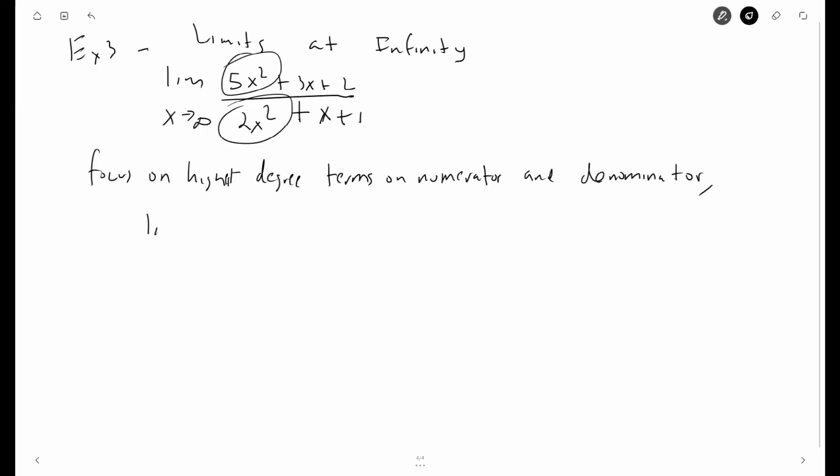So the limit as x approaches infinity of 5x squared over 2x squared is equal to the limit as x approaches infinity. So this cancels, and this becomes 5 over 2. And the limit as x approaches infinity of 5 over 2 is 5 over 2.